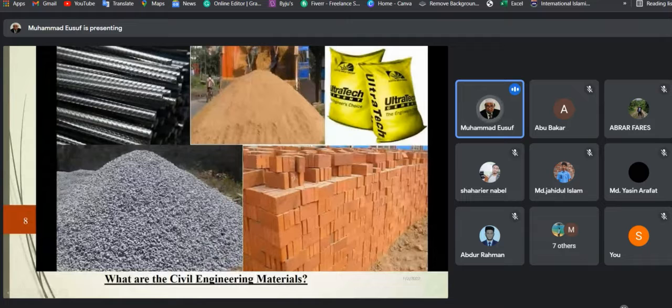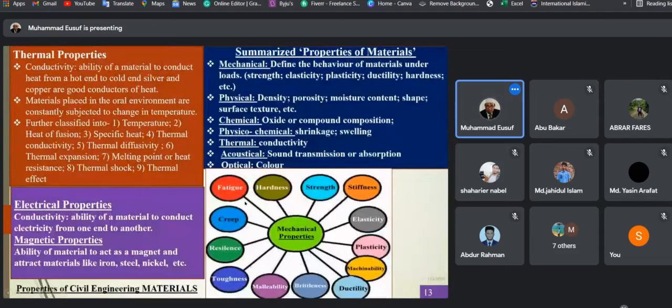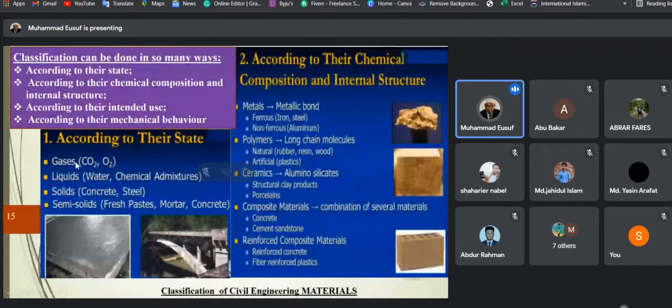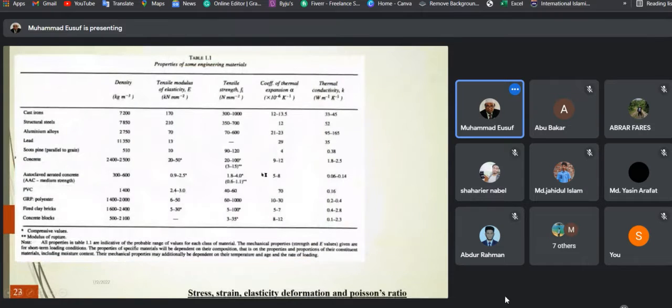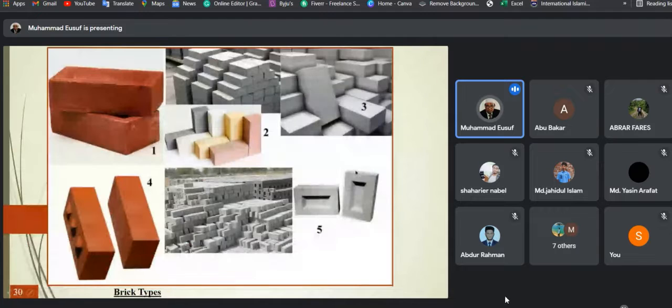And brick is primitive, and we already explained bricks to you. If you have availability of clay, we study different types of bricks, and you must know what it is.